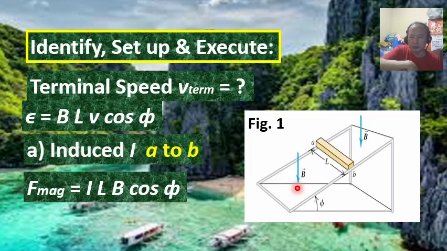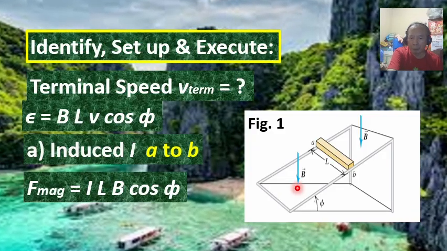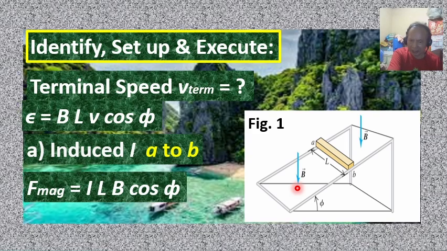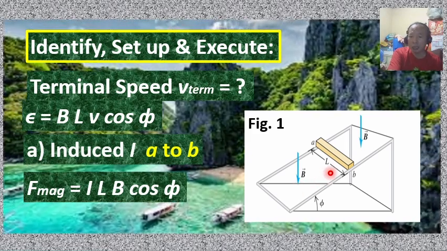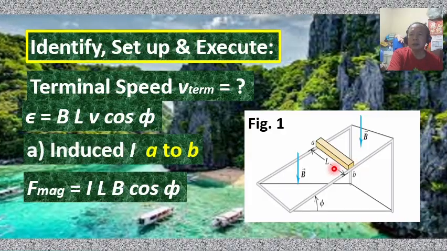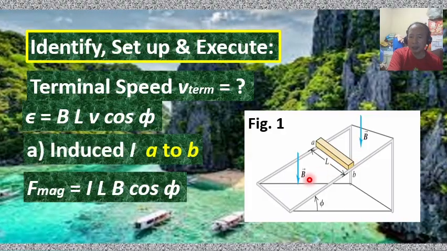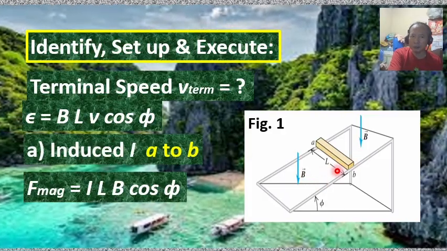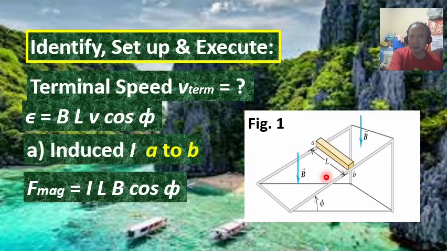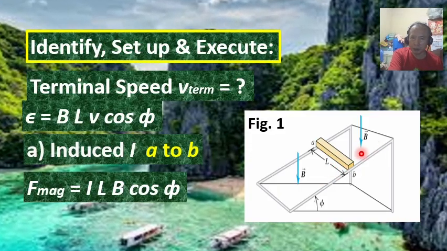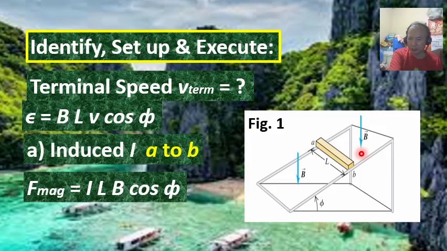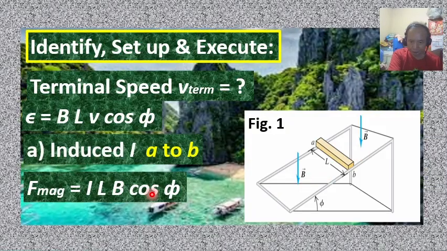Notice where the right palm is facing. Isn't it facing up the incline? That is the direction of the magnetic force. It is directed opposite to the direction of the component of the force of gravity, which is down the plane.